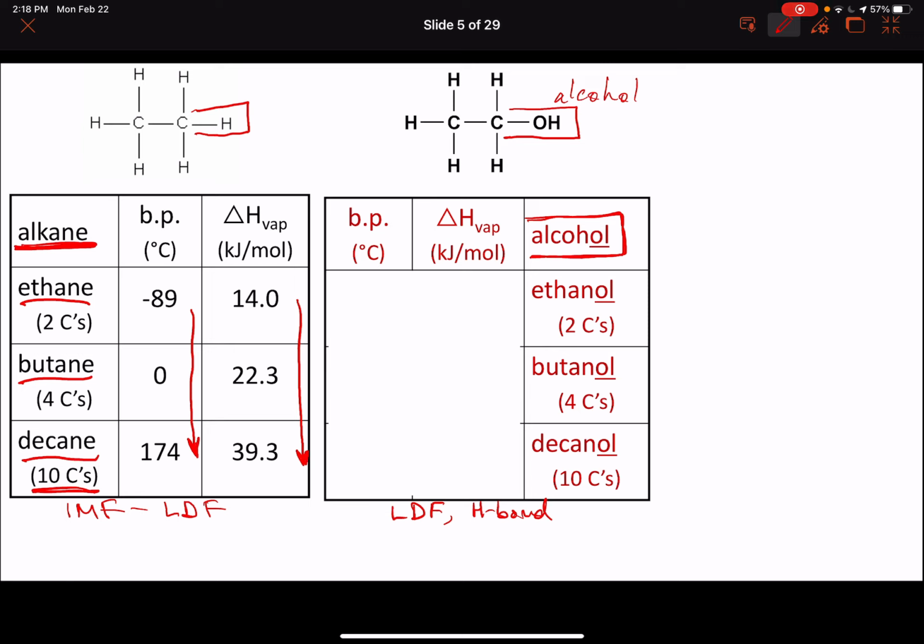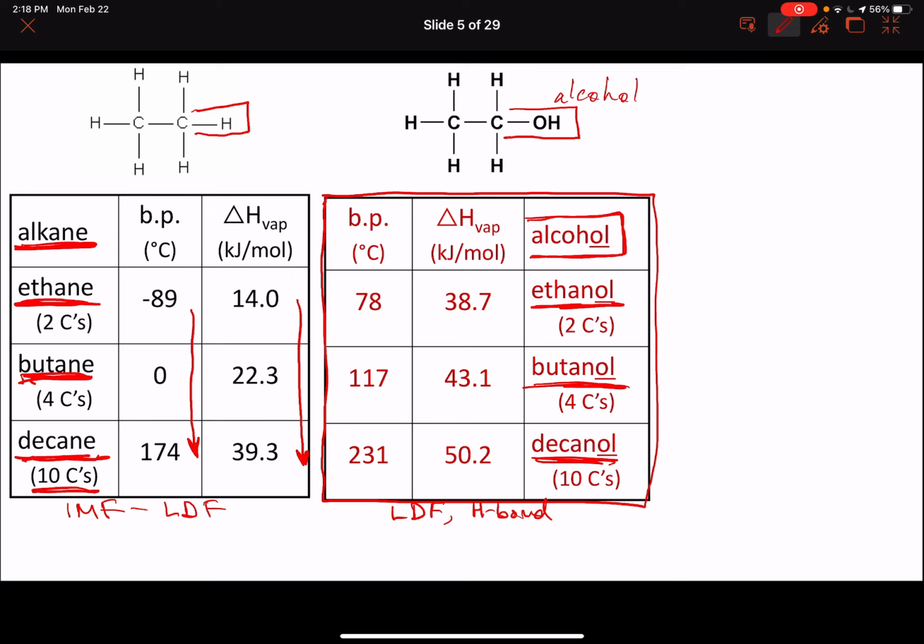And this is a moment where you might try to predict whether or not the values in the red column here would be higher or lower than the similar cousin molecules ethanol rather than ethane, butanol rather than butane, and decanol rather than decane. So try to predict if you would expect larger values in the right set of data than the left set of data, and resume the video when you're ready.